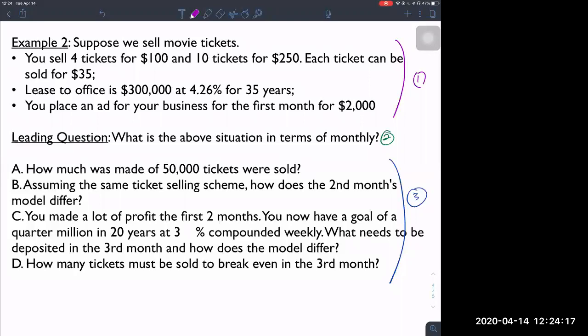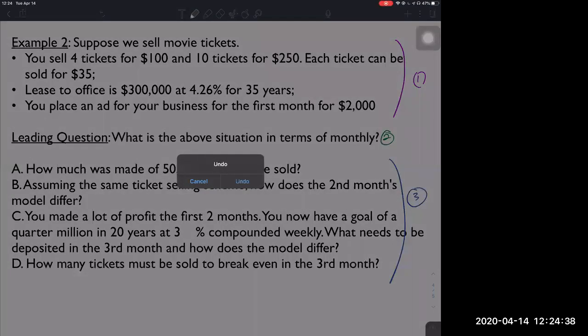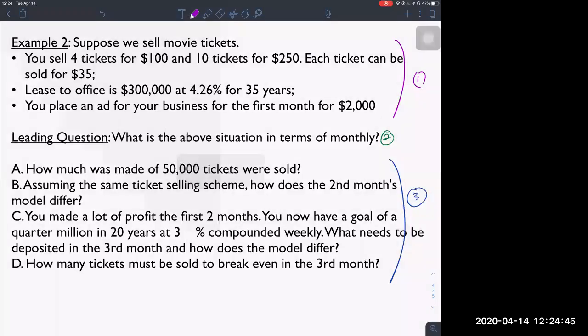So remember how I was saying that these problems will be a nice extensive review of what we've been doing throughout class? Well, this is a cost, revenue, profit portion. And this is going to help you review for when we have those types of questions, whether they are standalone or part of the model.